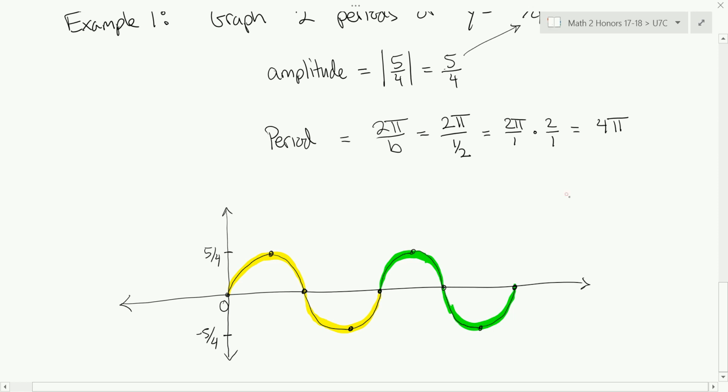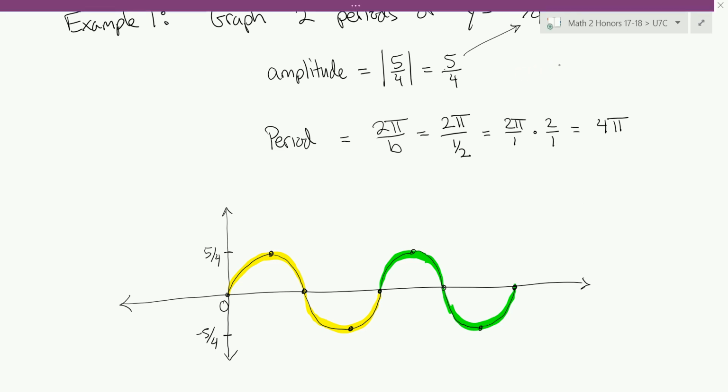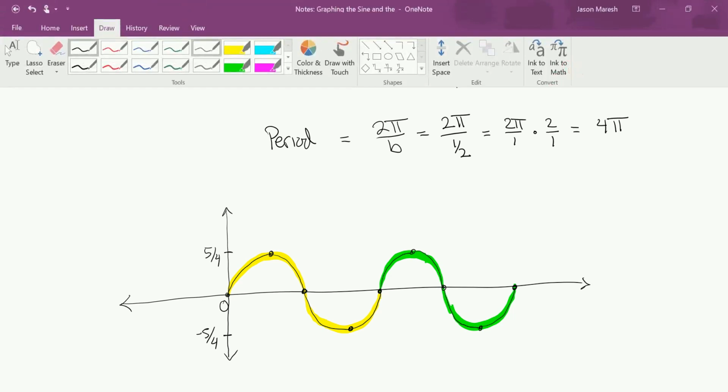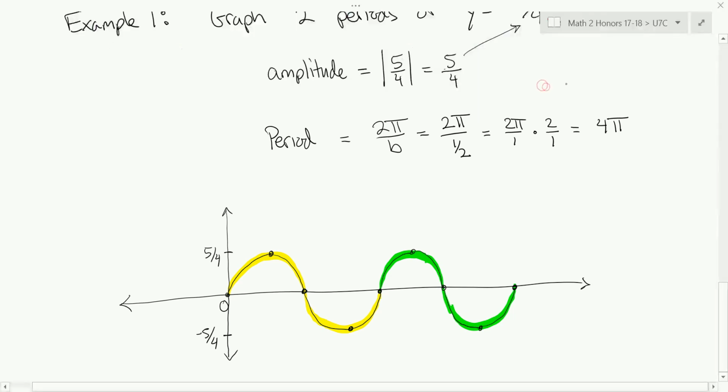Now coming up with the x-axis can often pose the most problems, but it's actually not too bad. Because what the period is telling us is, okay, the distance from here to here is 4 pi, and then the next one is going to be 4 pi, and so on.